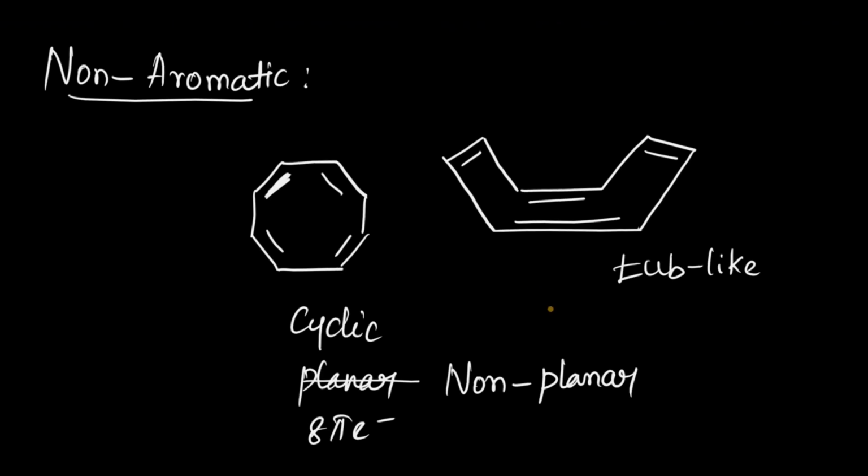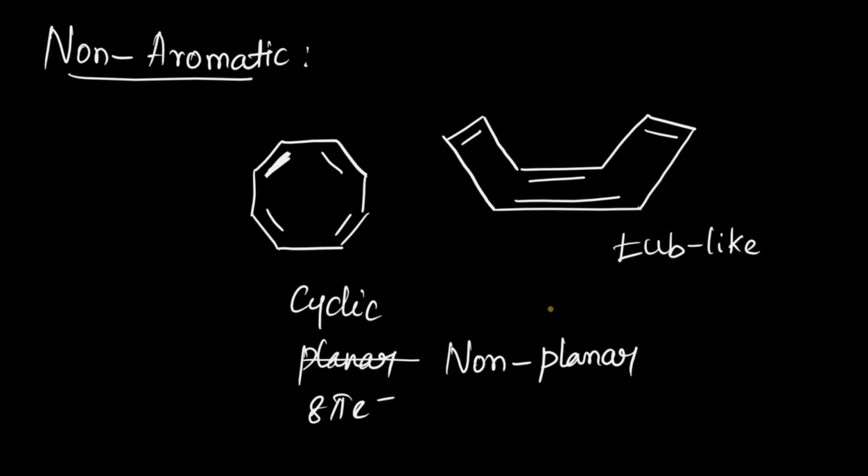Then comes non-aromatic. Non-aromatic ones are non-planar compounds. Remember it like that. Like you can see, this is a tetraene, where I have 4 conjugated pi bonds, but it is not planar. Why is it not planar? Due to the strain, angle strain happens, and it takes up a tub structure instead of a planar structure.